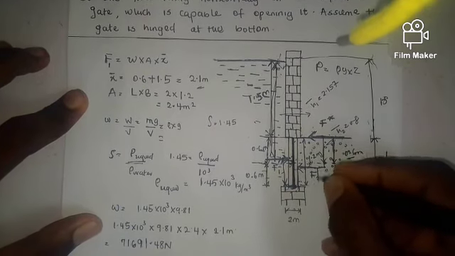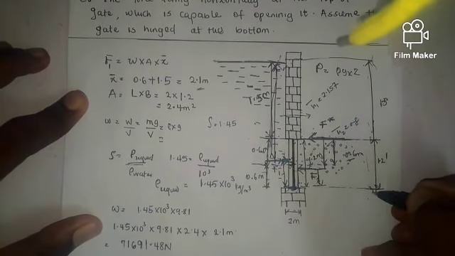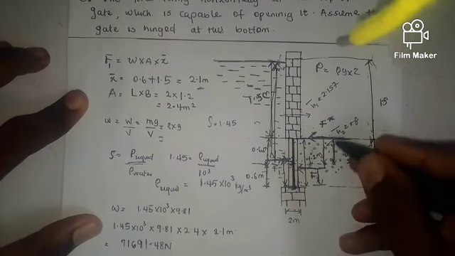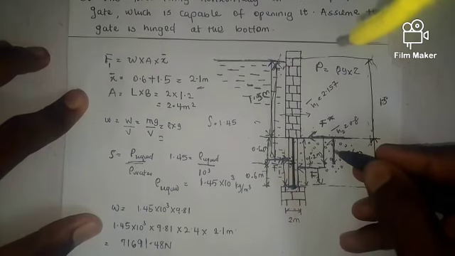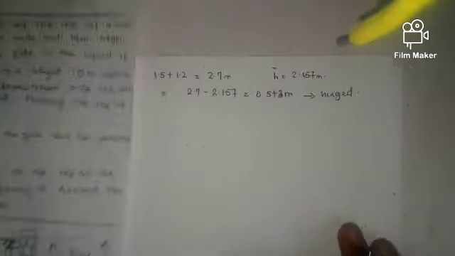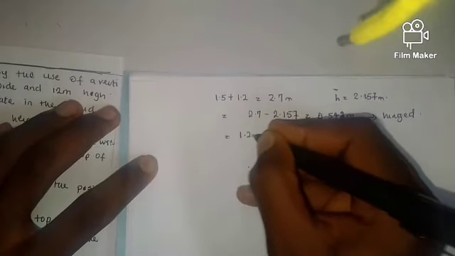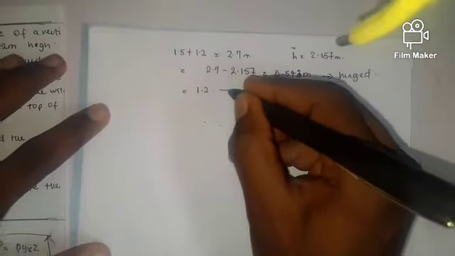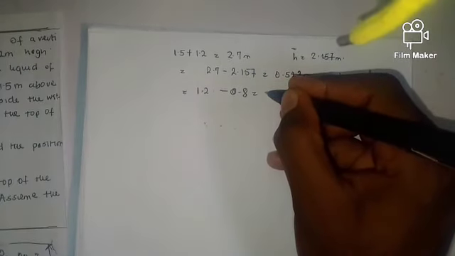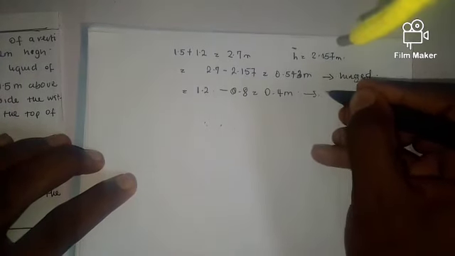So the remaining distance to my hinge part, since from here to here is 1.2, I can say 1.2 minus 0.8 gives me my remaining distance. So 1.2 minus 0.8 gives me 0.4 meters to the hinged part.